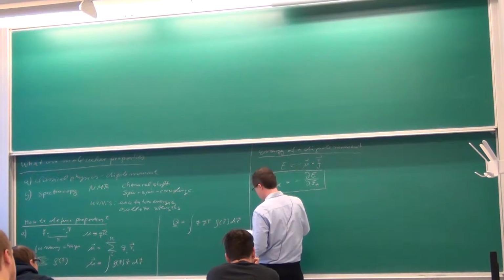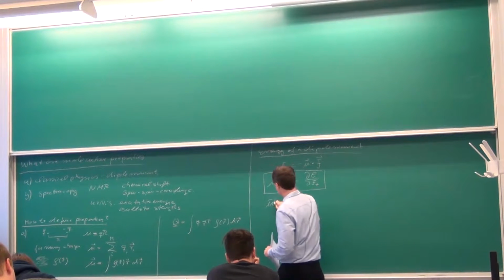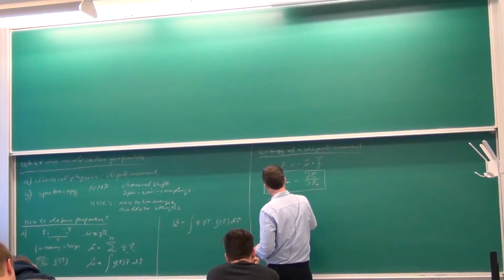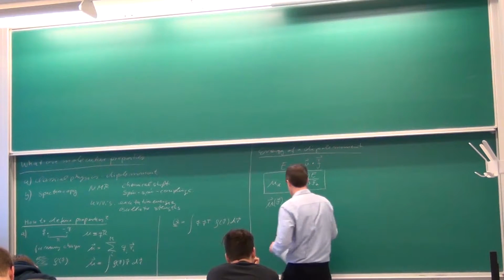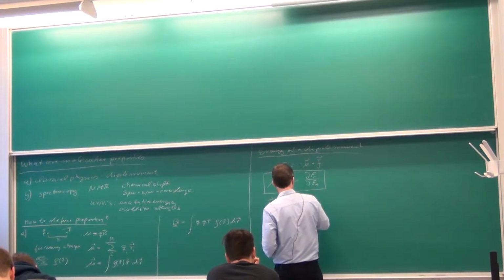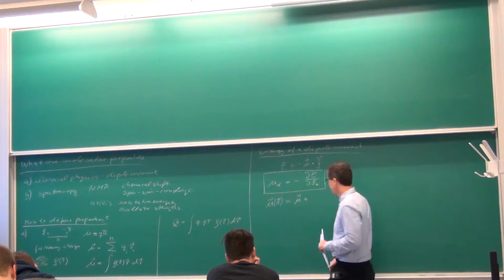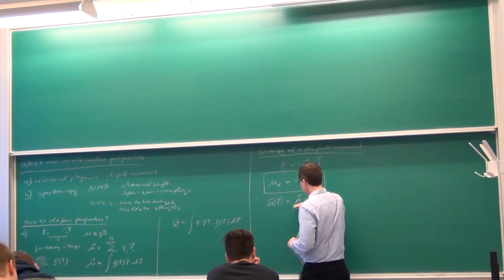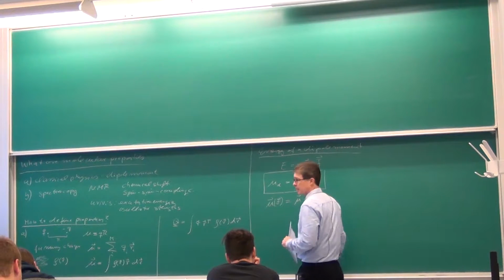So if I have a dipole moment and we put it in an electric field, that dipole moment will change. We get, of course, the field-free permanent dipole moment, but then there will be an induced dipole moment as well.